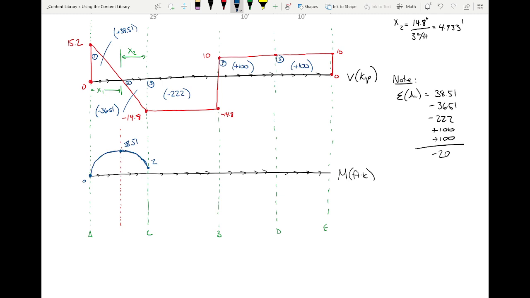Now, if I'm at 2 and I drop 222, where does that put me at point B? Say it again. Negative 220. And what does the shape look like from C to B? Linear. Yep, 220.